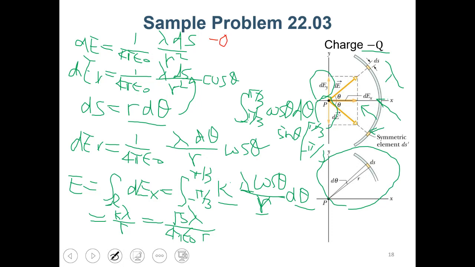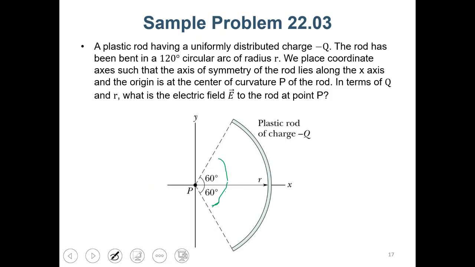So q will be the length of this rod, which is 2 pi over 3 times the radius, since it is pi over 3 minus negative pi over 3.